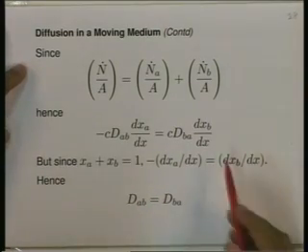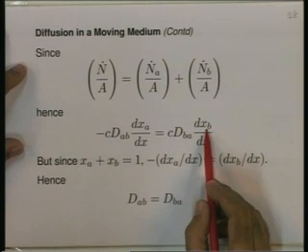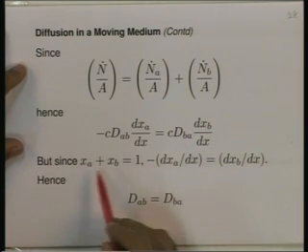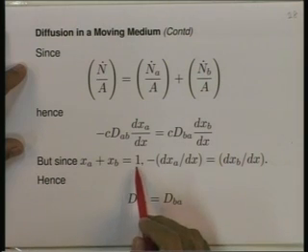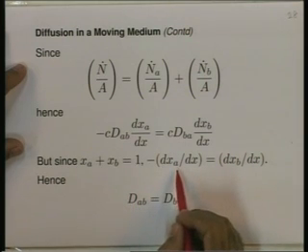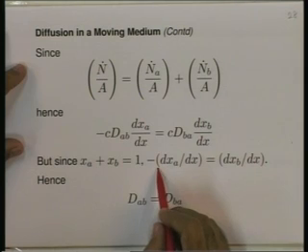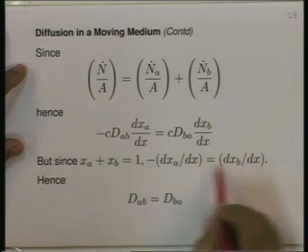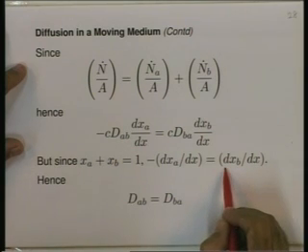Now, we should notice that XA and XB are mole fractions in a two component mixture. So, their sum is 1, and hence the derivative of one will be equal to negative of the derivative of the other.